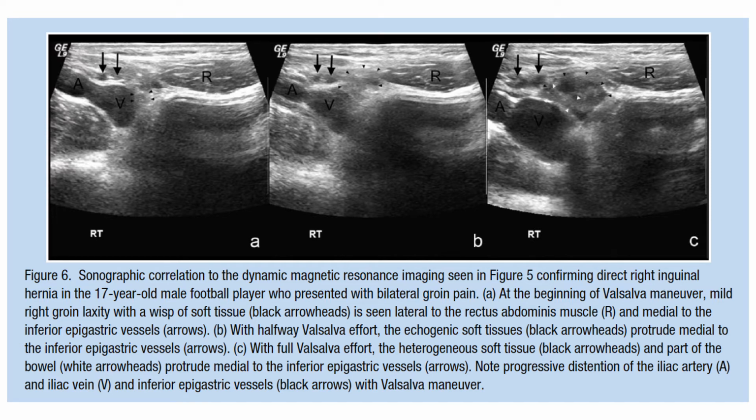We can see the inferior epigastric vessels in the picture to the left, and as the person performs a Valsalva manoeuvre, we see herniating tissue gradually increasing in size as we go along. The inferior epigastric artery and vein are shown there in red and blue.